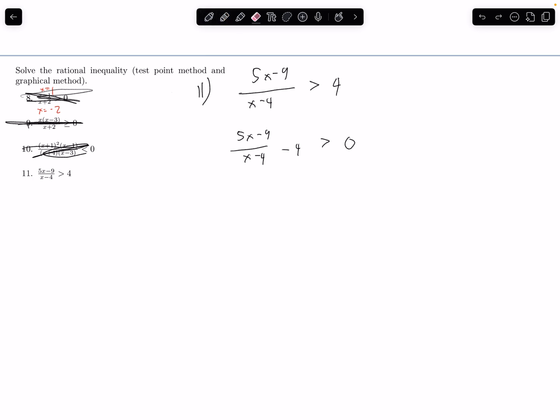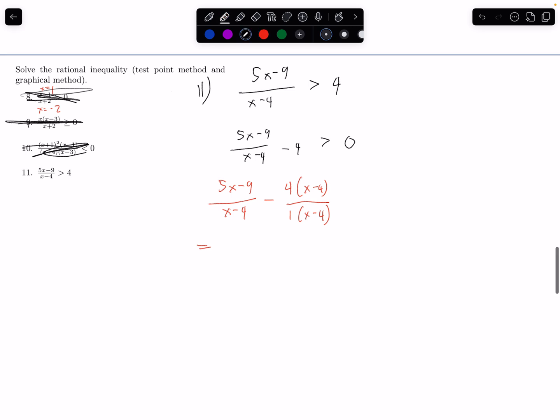Let me do this step by step here. (5x minus 9) over (x minus 4) minus 4 over 1 times (x minus 4) over (x minus 4), right? Okay, let's simplify things here. Let's alternate colors so I keep the rows straight. (5x minus 9) over (x minus 4).